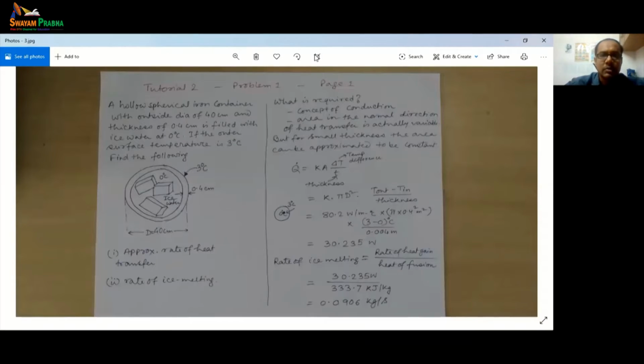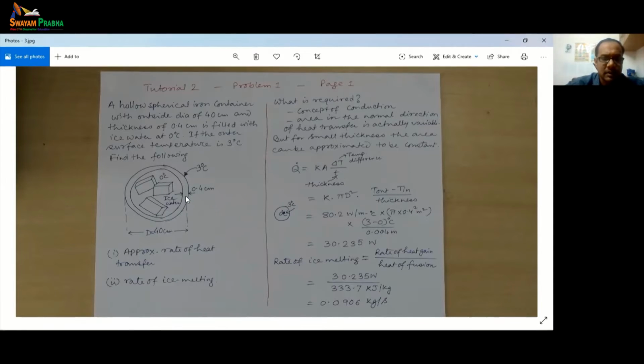So the first problem here is a hollow spherical iron container with an outside diameter of 40 centimeters. In the figure you can see that the outside diameter is 40 centimeters and the thickness is 0.4 centimeter.